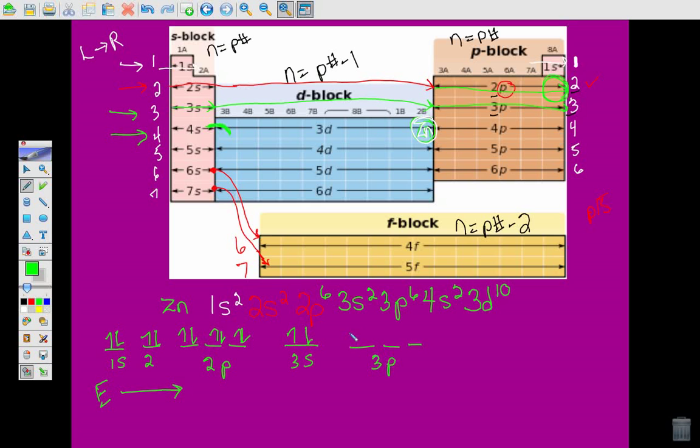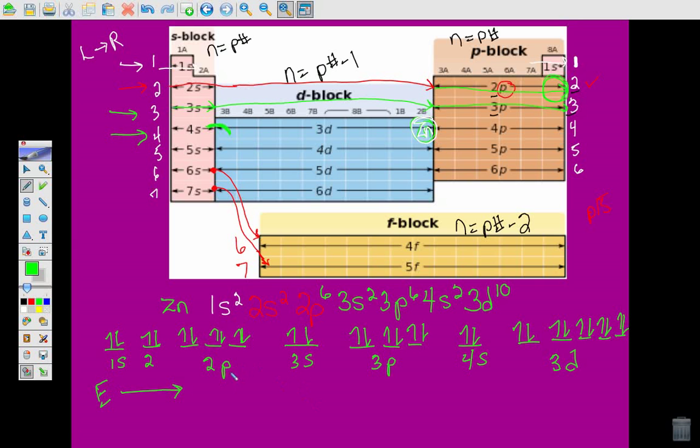Then we'd have our 3p, 1, 2, 3, 4, 5, 6. Then our 4s, 1, 2, and then our d's, 1, 2, 3, 4, 5, 6, 7, 8, 9, 10.